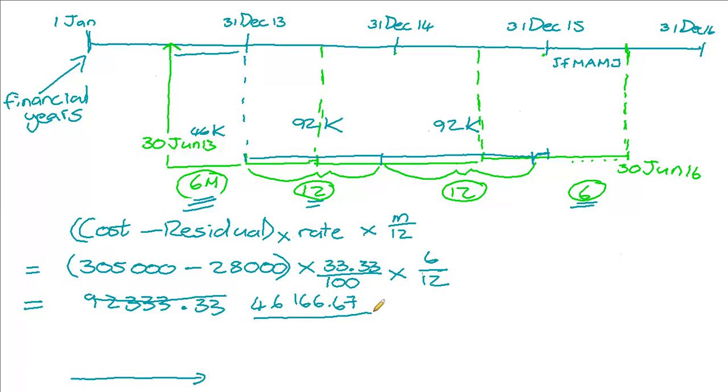There we go, and that's my depreciation for the last year, and that is going to be specifically for this period here, so that is 46,000 Rand roughly. Okay, so there's my depreciation in the 4 financial years.